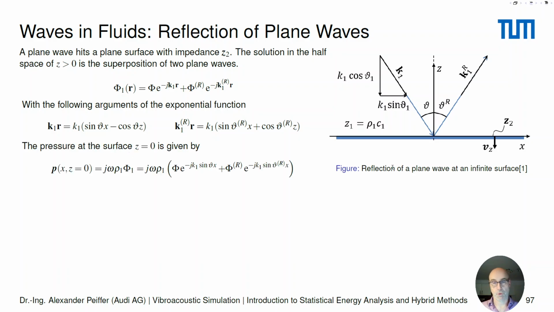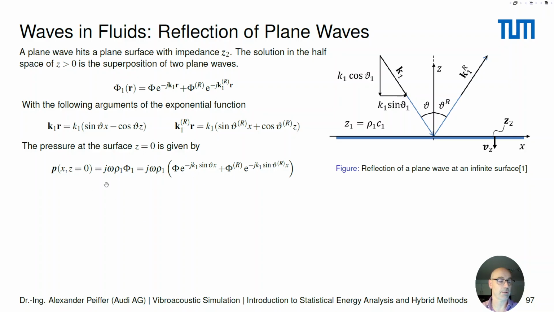So to solve the issue, we need the boundary conditions, and this is given exactly here at z equal to 0, which is the surface. And for this, we need first the pressure at the surface, which is given for z equals 0.